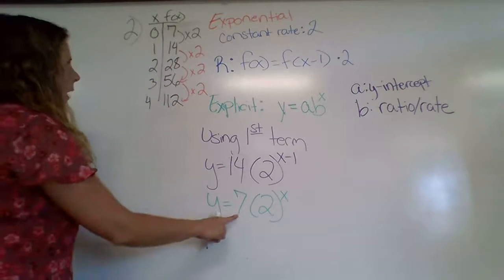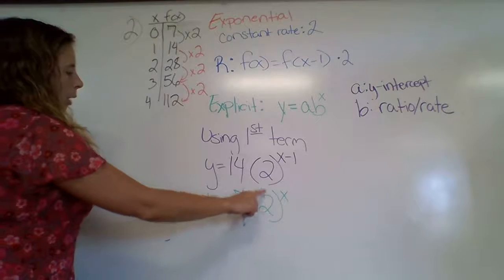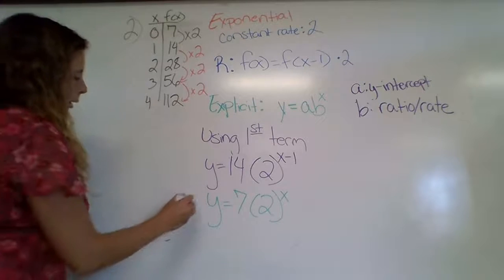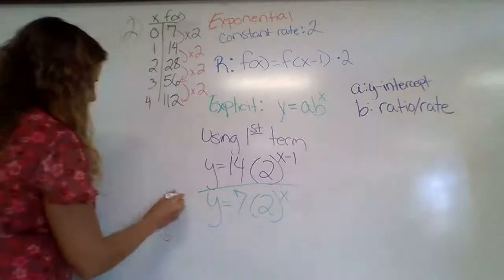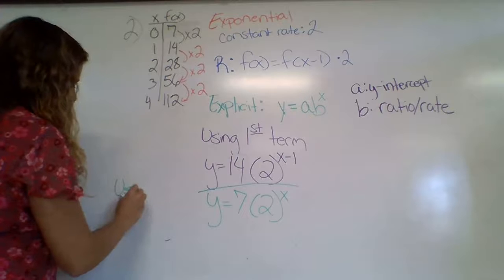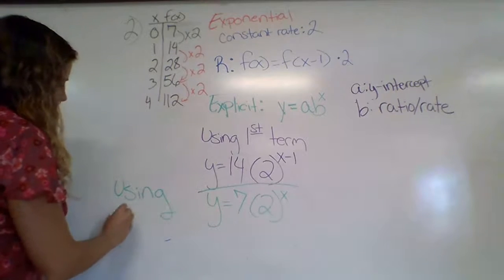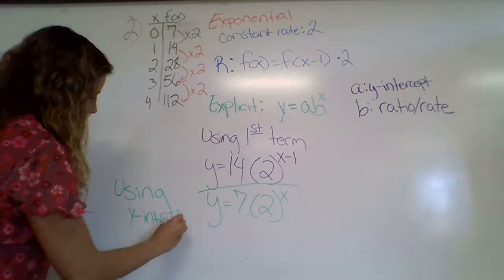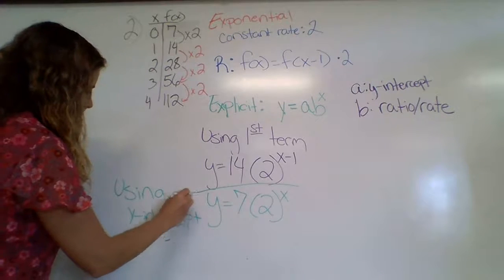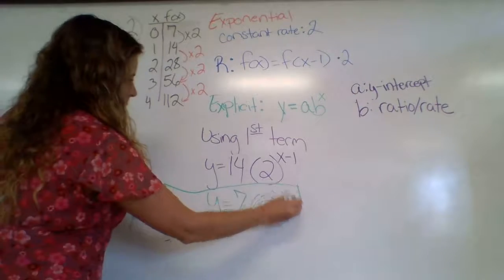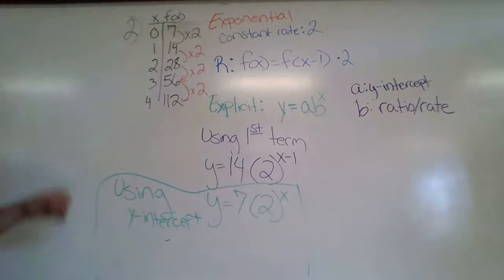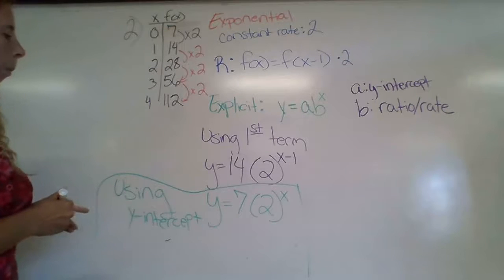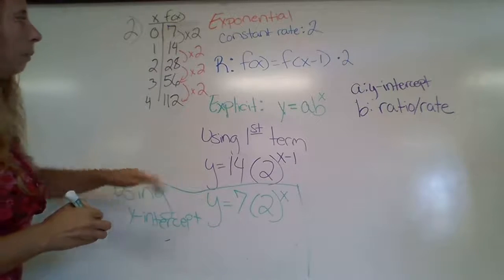So it's 7 times your ratio or your rate raised to the x power. Sorry, I was using the first term. This is using the y-intercept, which is also called the 0th term because x is 0. Okay, so either equation is fine.